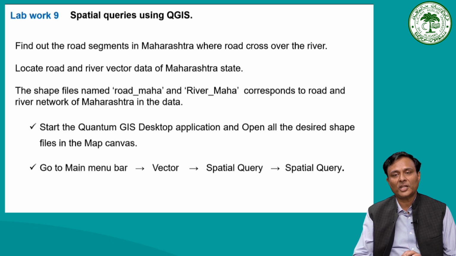It uses spatial logic or spatial relationships among the data sets such as, if you recall from the topology part, adjacency, intersect, containment, within, etc. You can recall what these terms mean.